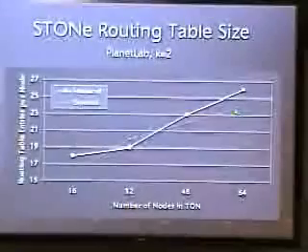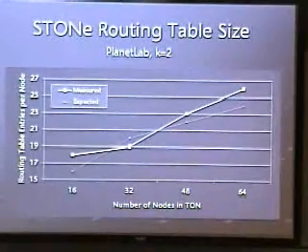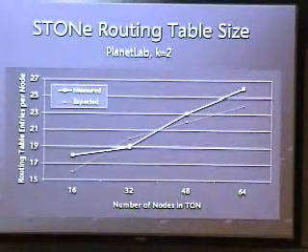Additionally, we did some measurements of the routing table size with 64 nodes on Stone. The measured versus the expected routing table size: this would be log n, what we would get with some constants, simply because we use 2 virtual addresses per node and we use 2 slots per entry.